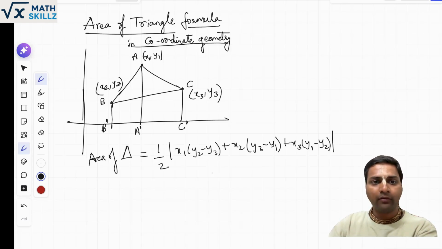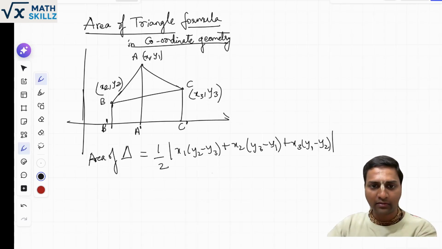Now I have taken a random triangle ABC. You can see it on the screen. A has coordinates x1, y1, B has coordinates x2, y2, and C has coordinates x3, y3. Now I am projecting each of the vertices to the x-axis.